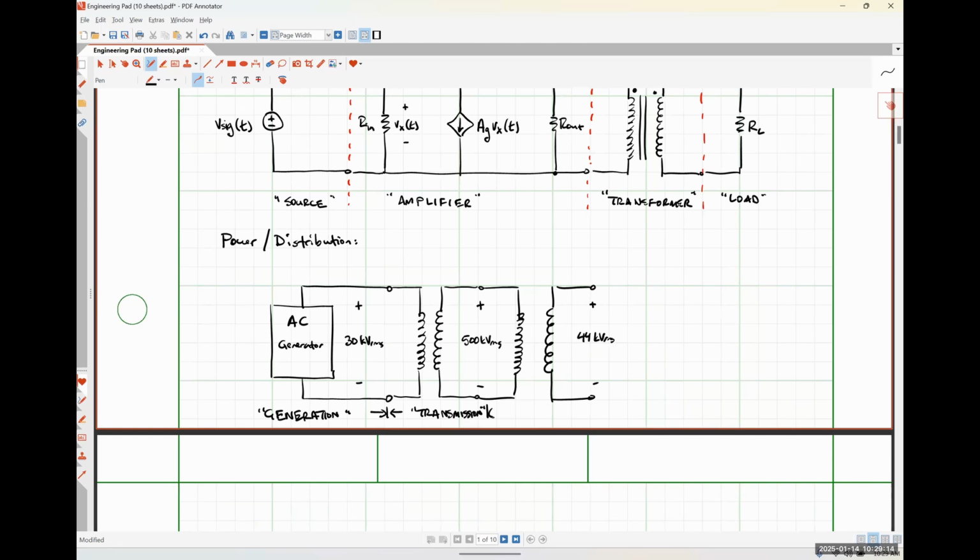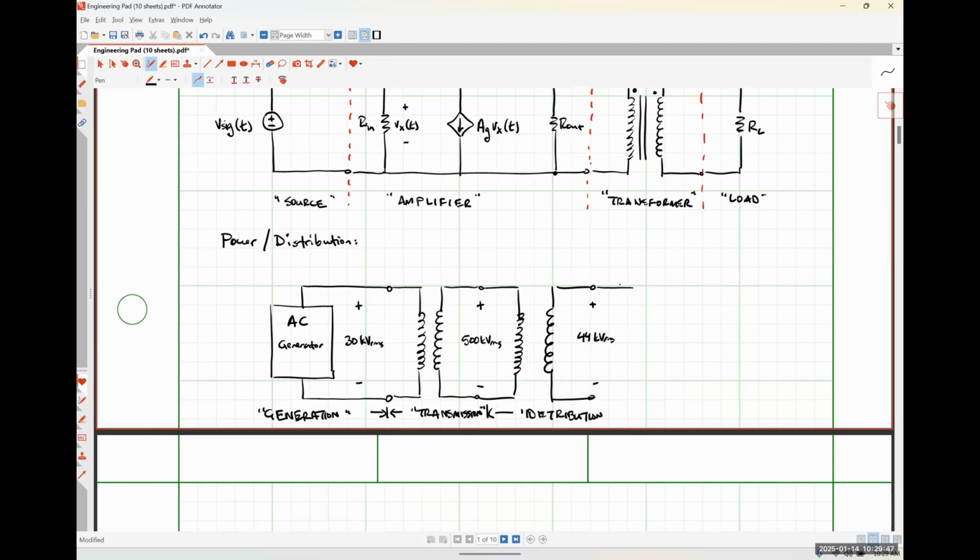Everything beyond that 500 kV is what we're going to consider the distribution side. So a 44 kilovolt RMS consumer is going to be some sort of very large scale manufacturing plant, like probably a metal foundry or something like that, where they need a whole lot of voltage and potentially current to melt slag and things like that.